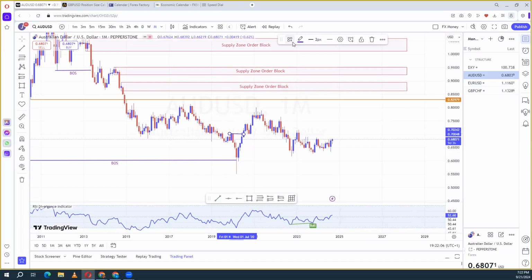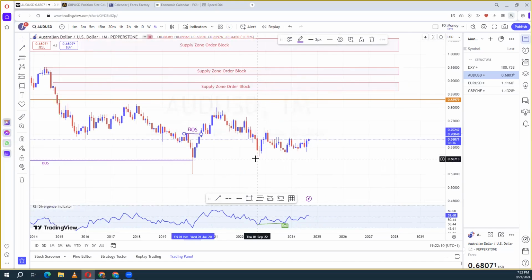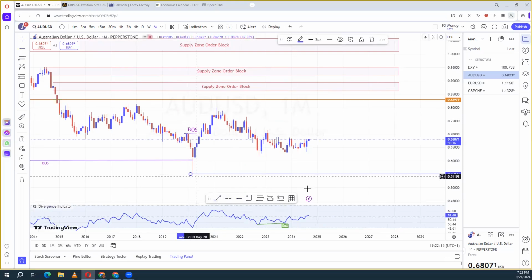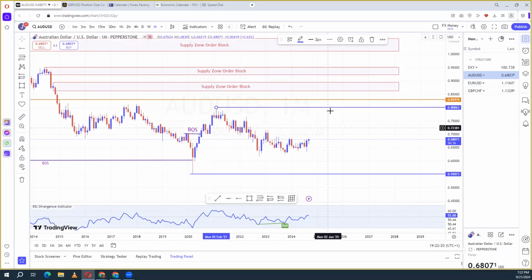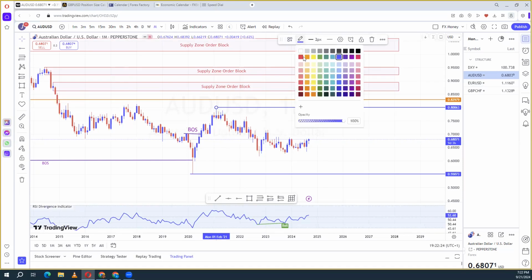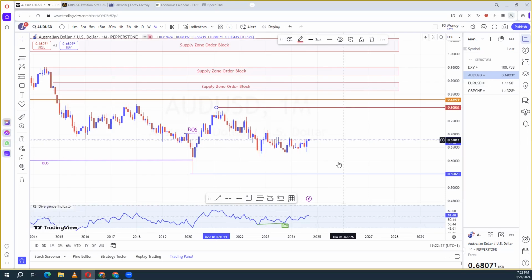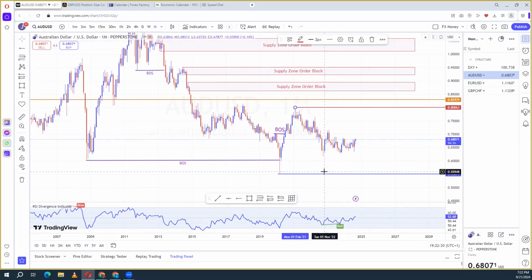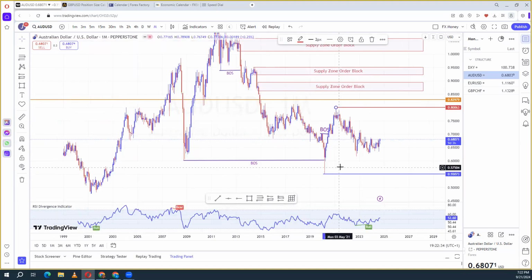So we have a break of structure to the upside, right? So this is a strong low. This is a weak high that we are thinking the market might be targeting. Are we together?